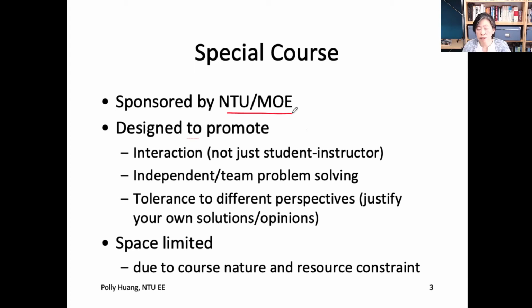The course is designed to actually allocate a lot more time to promote interaction. Not just interaction between you guys and me, but also interactions among yourselves. Think of you guys and Polly, all of us, as peers.